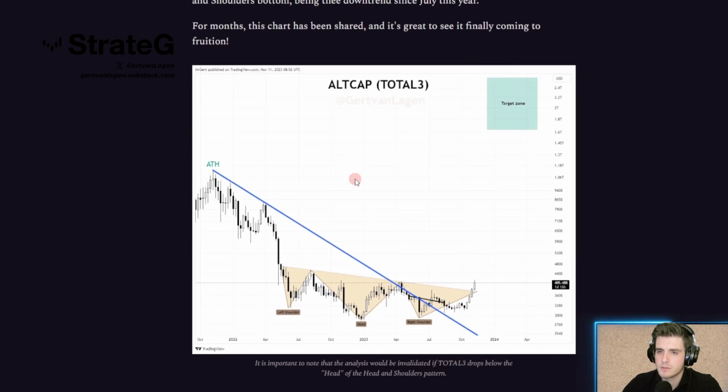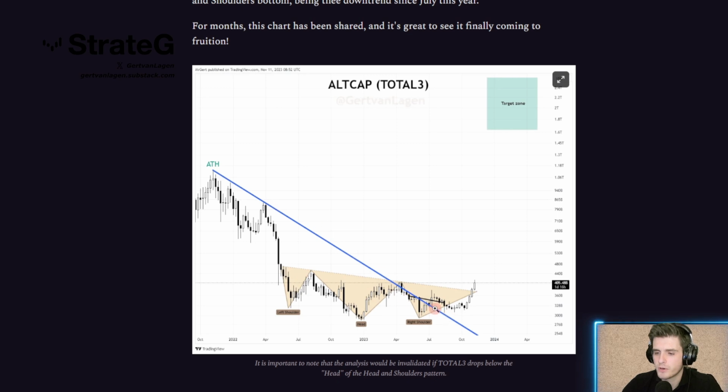Well, then just let me shortly address this chart. It's the alt cap for basically all altcoins, excluding Ethereum because it has its own cycle. And what's nice to see is that the trend line, well, at the end of 2021 it peaked, and then we have a downtrend.